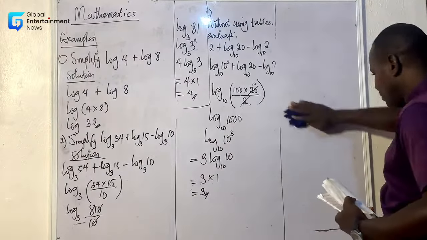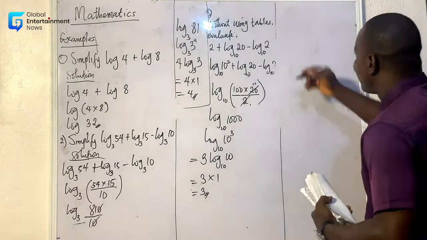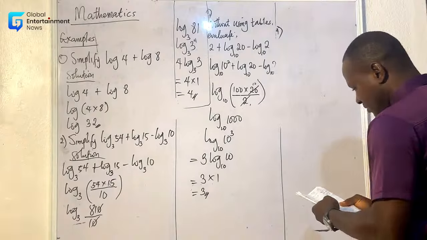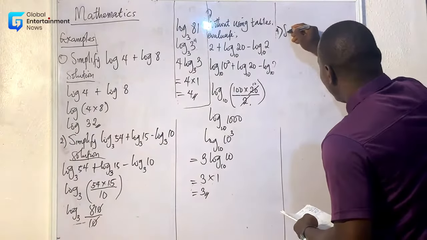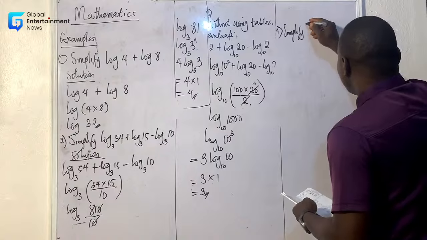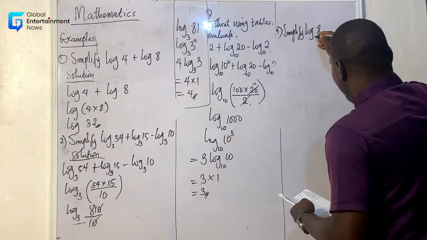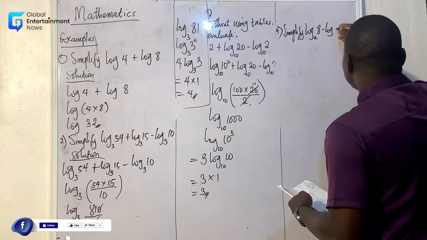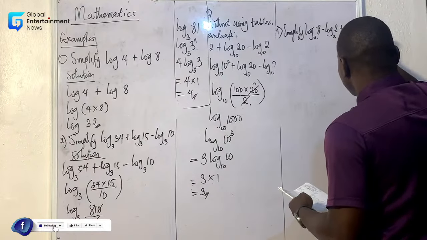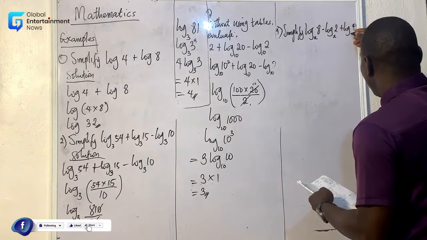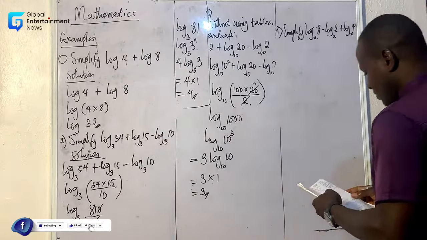Example number 4 says, simplify log 8 base x minus log 2 base x plus log 4 base x.